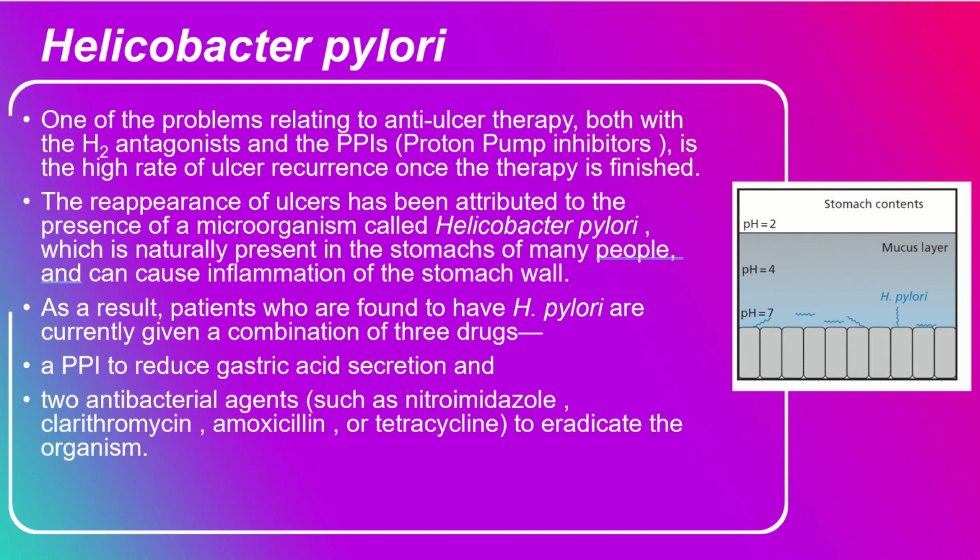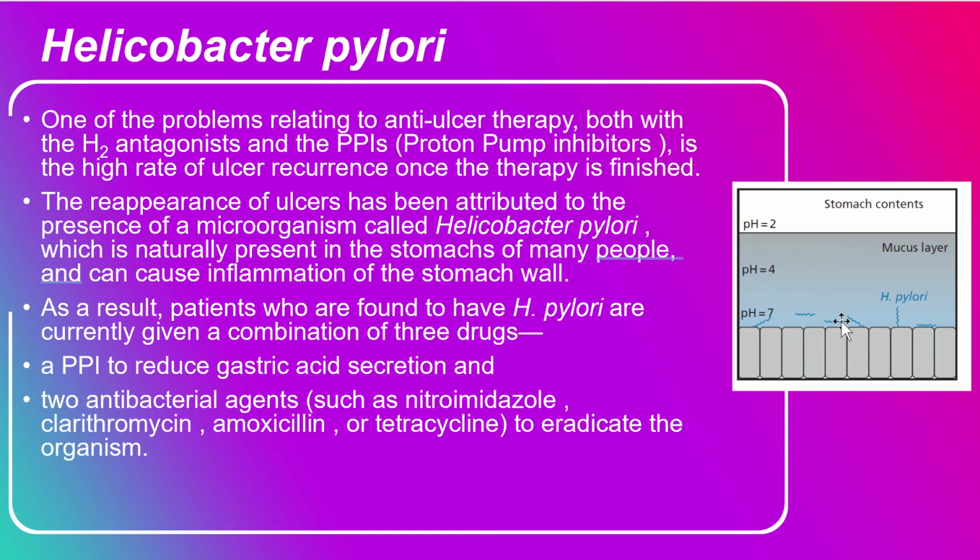The reappearance of ulcers has been attributed to the presence of the bacteria we mentioned, the microorganism called H. pylori, which is naturally present in the stomachs of many people and can cause inflammation of the stomach wall. We can see an image here: your stomach contents at pH 2, and then at a higher pH you have the bacteria H. pylori here in your mucus layer.